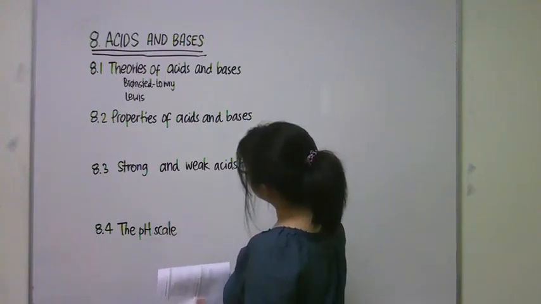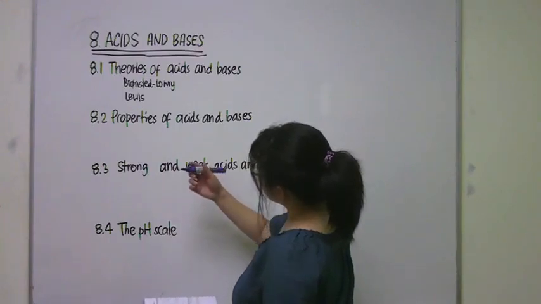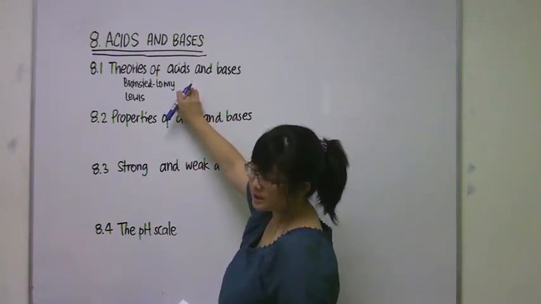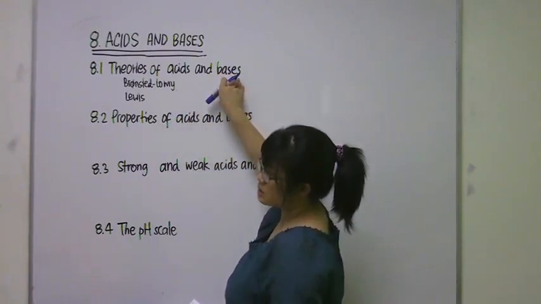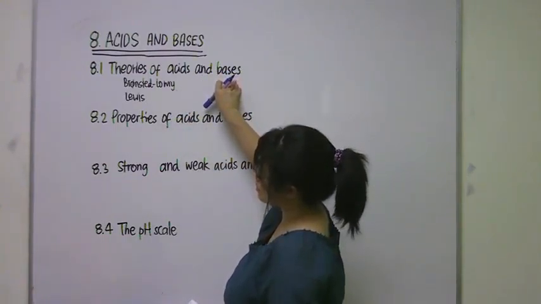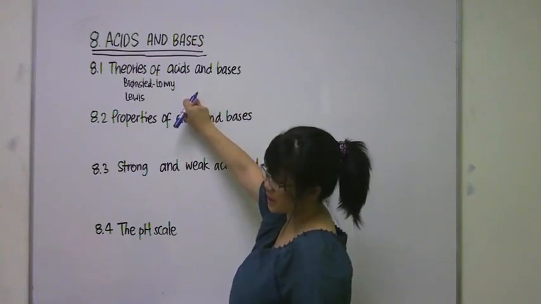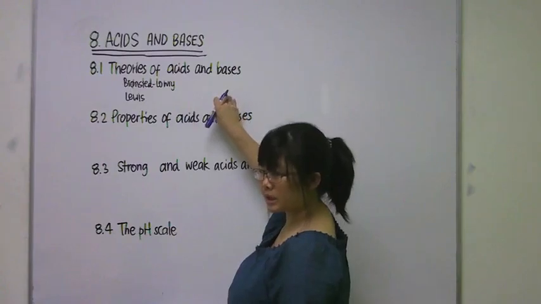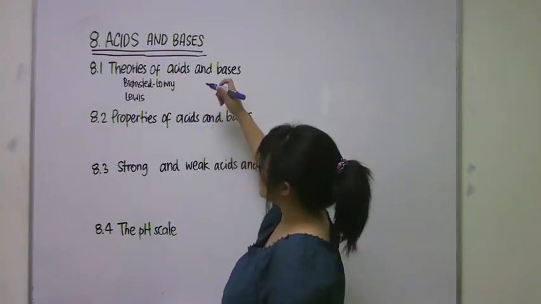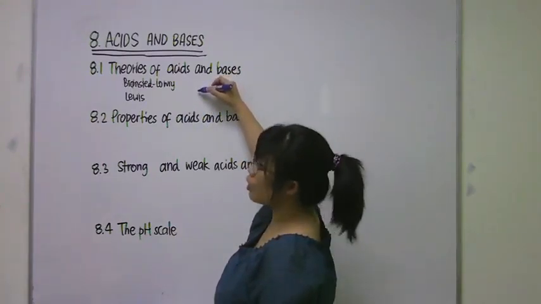So for Bronsted-Lowry, an acid is a species that donates a proton, while a base is a species that accepts a proton, while a Lewis acid is a species that accepts a lone pair of electrons, and a base is the one that donates a lone pair of electrons.